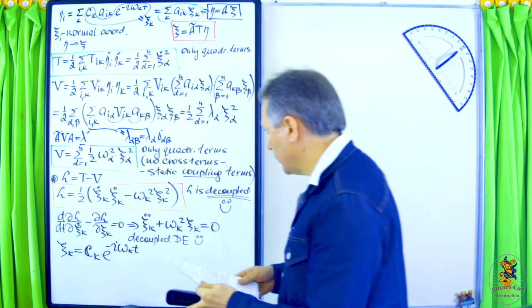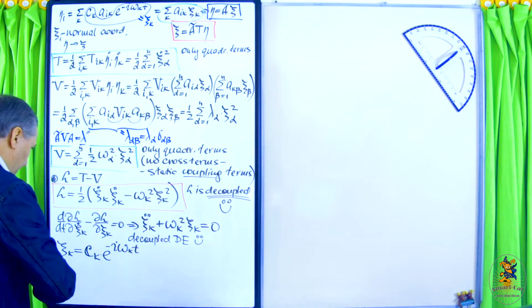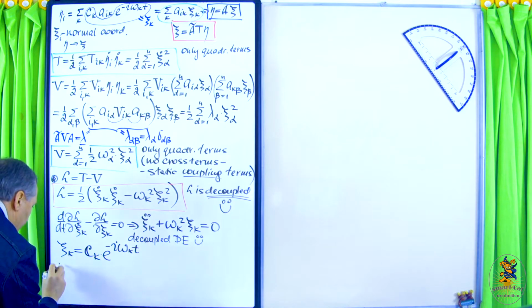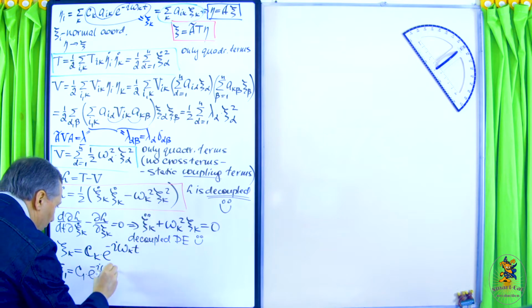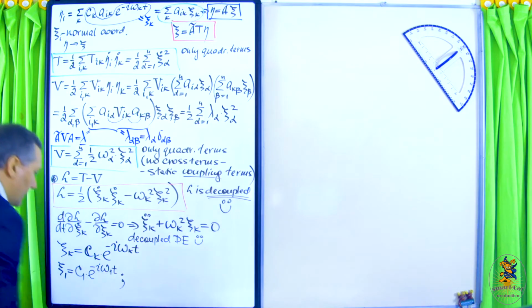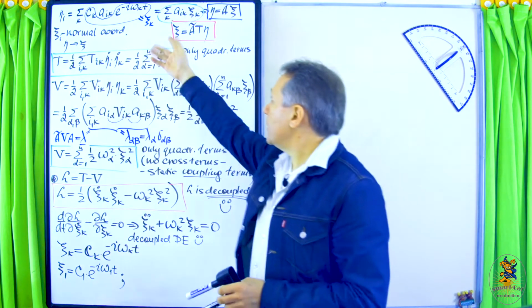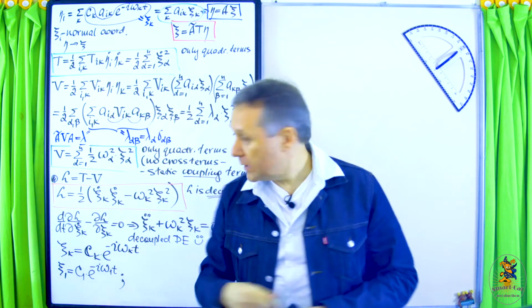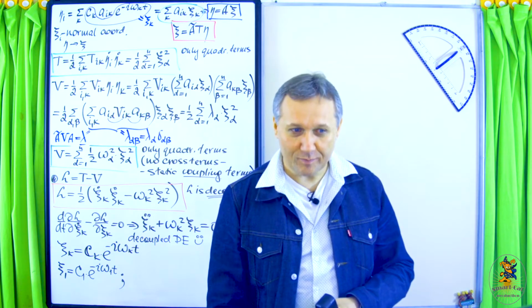So what else did I want? Okay, let me write down solutions for a few xi's. So xi 1, of course, will be c1 e to the power of minus i omega 1 t. You remember our sort of local goal. We wanted to introduce such coordinates where xi 1 would oscillate only with the frequency omega 1, the frequency of the first normal mode.